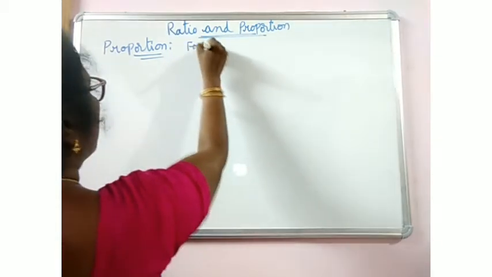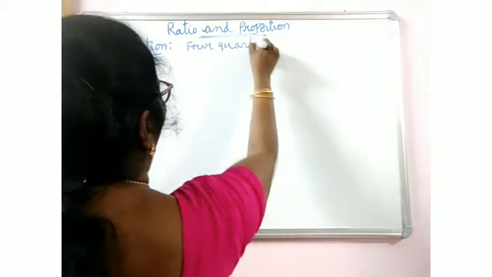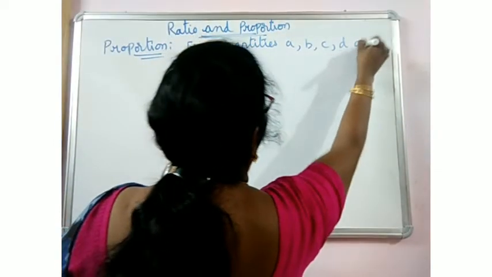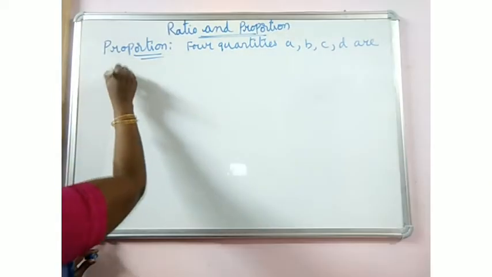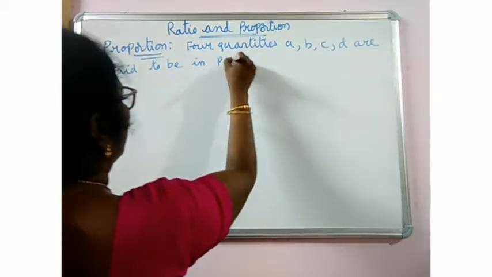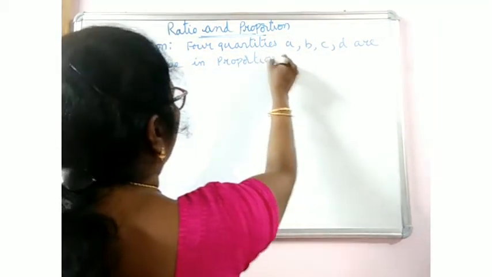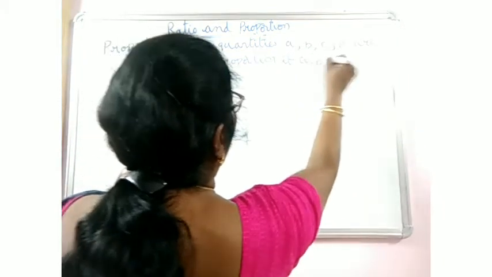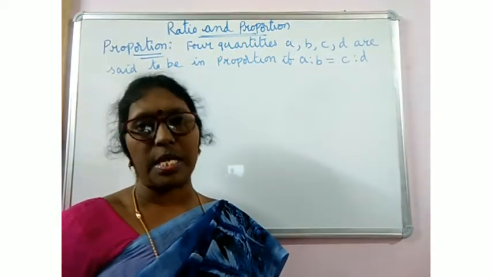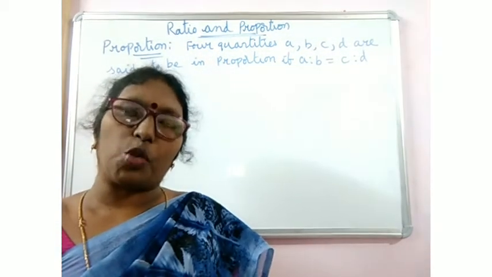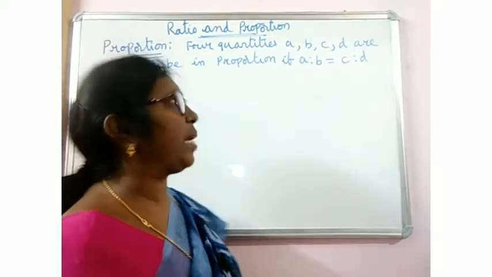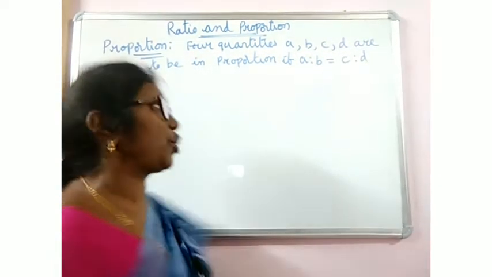Four quantities A, B, C, D are said to be in proportion if A is to B is equal to C is to D. If the ratio of the first two terms is equal to the ratio of the next two terms, the third and fourth, then the four quantities A, B, C, D are said to be in proportion.